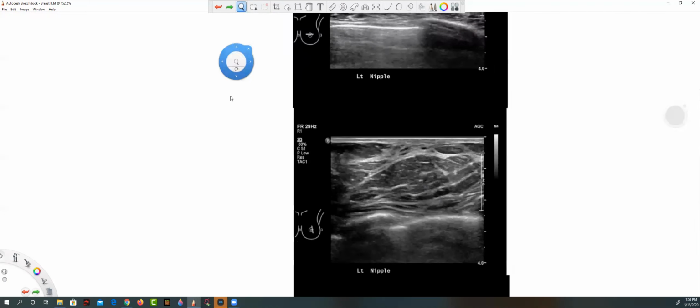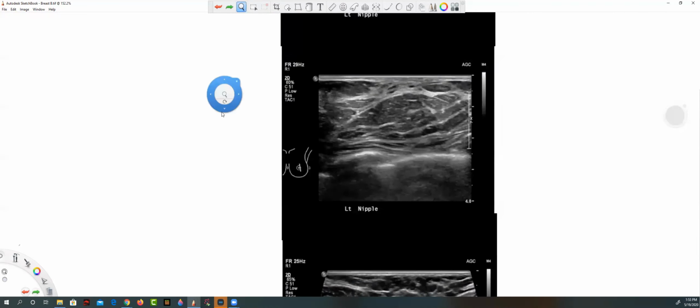But there's just a little bit of fluid here. But this is fine. That's very little in the terminal lactiferous ducts there. That should be completely okay. But you can see that's basically the end of this patient's fibroglandular tissue.